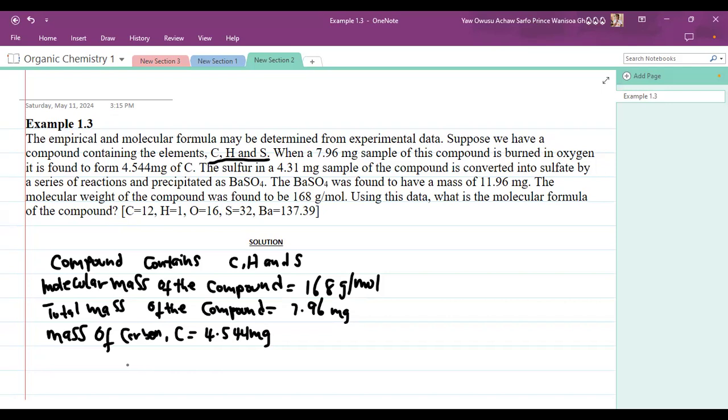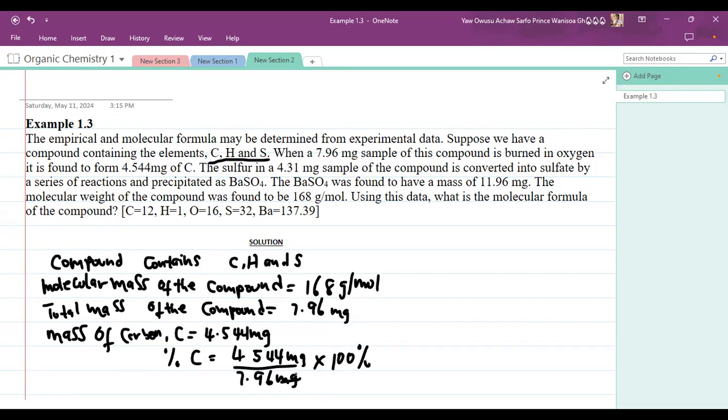So we can find the percentage of carbon. The percentage of carbon will be equal to 4.544 milligram over the total mass, 7.96 milligram, times 100%.